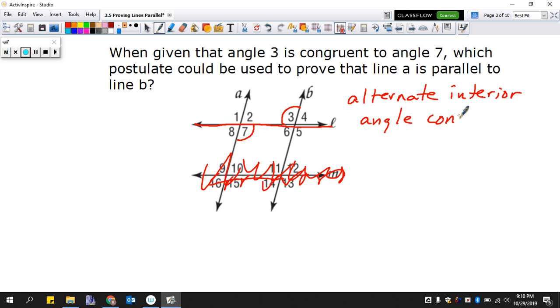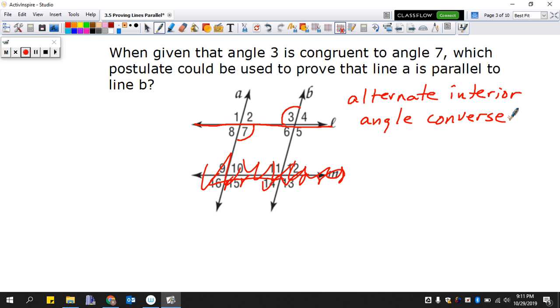Instead of being given a pair of parallel lines and saying that the angles are congruent, we're saying that the angles are congruent, and that means that lines A and B have to be parallel.